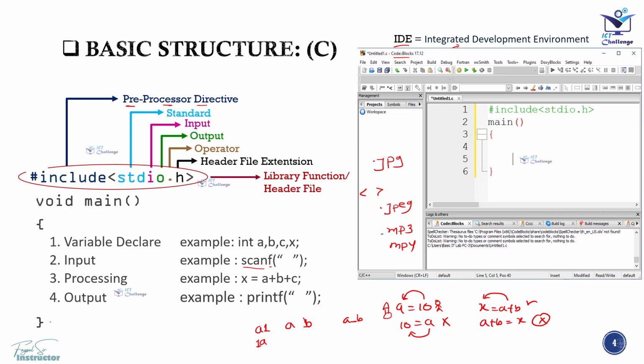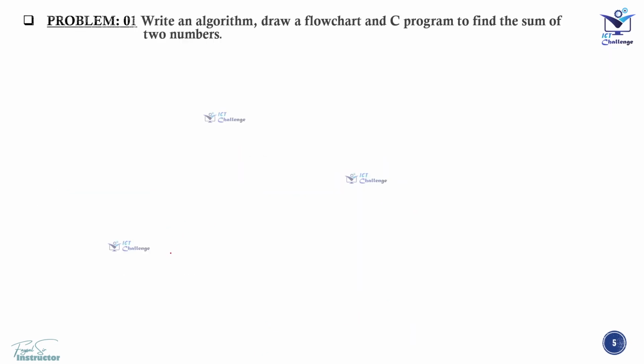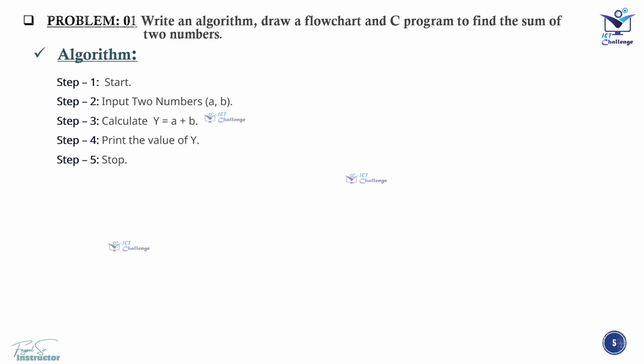Okay, so now let's talk about the first problem. Here we are ready to start our C programming. Our first program is: write an algorithm, draw a flowchart, and write a C program to find the sum of two numbers. We already know the algorithm, which is the basic algorithm we learned in our previous lecture number 1.